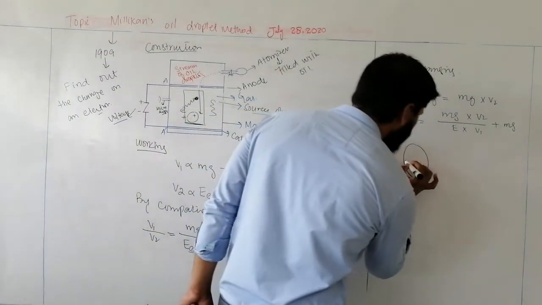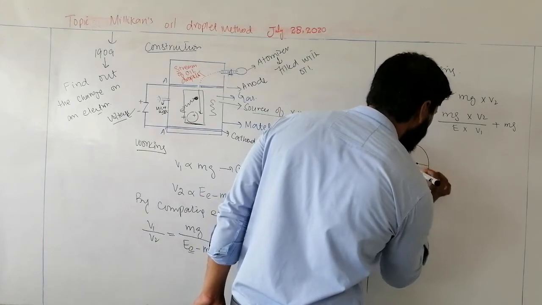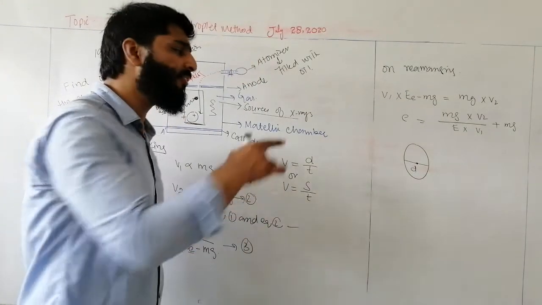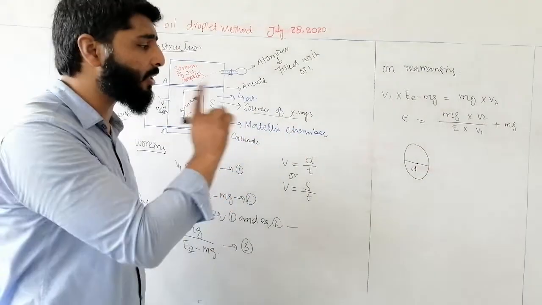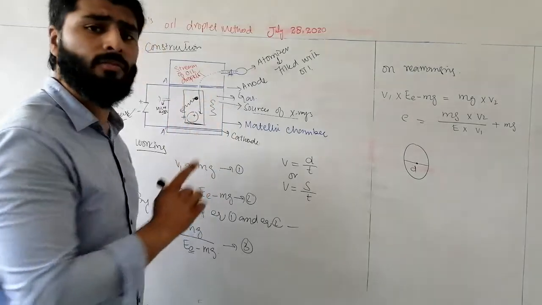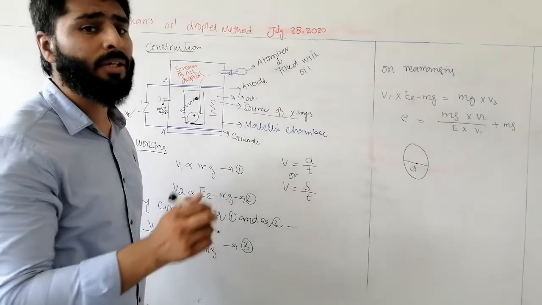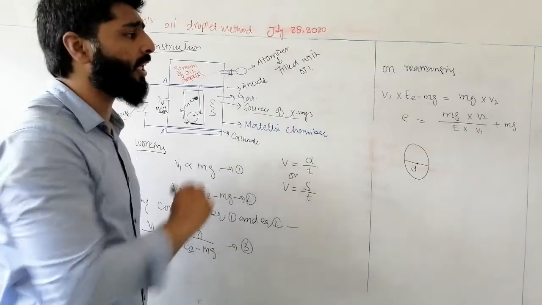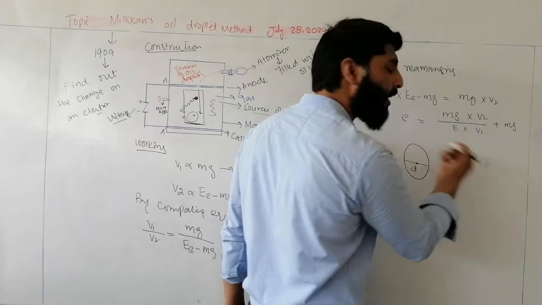It has a specific radius and a diameter d. If we have the information about the radius of this droplet, then we can find the volume, as well as if we have the density, then by using density and volume we can find the mass of the droplet. Now how can we find the radius?